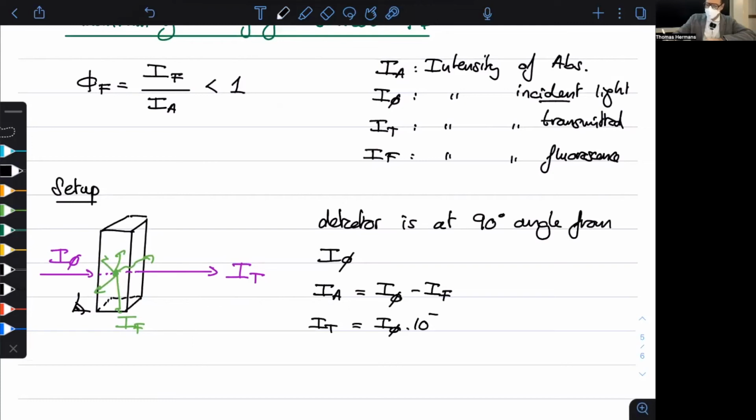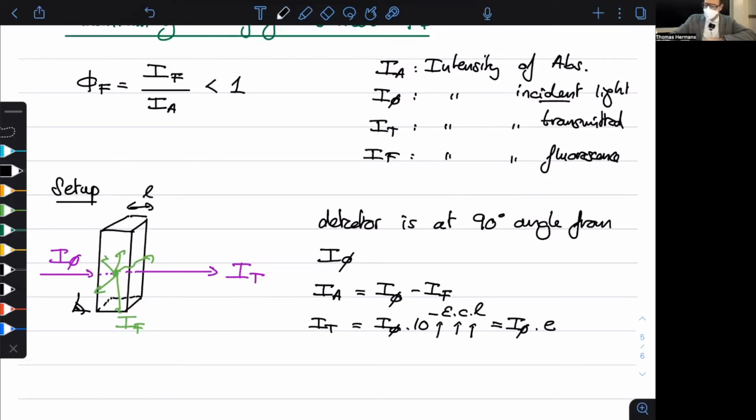So Lambert-Beer is this, E times C times L: extinction coefficient, concentration, path length. So in UV, L is the width of the cuvette. Lambert-Beer, you write it as a 10 log.